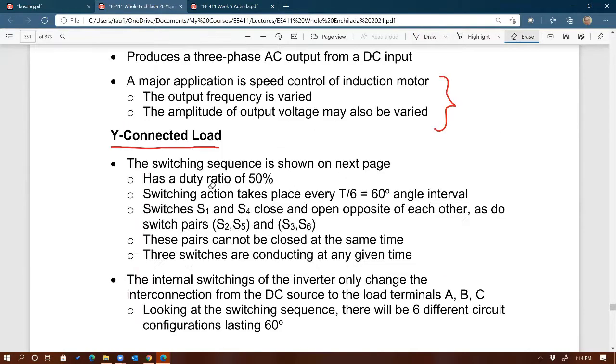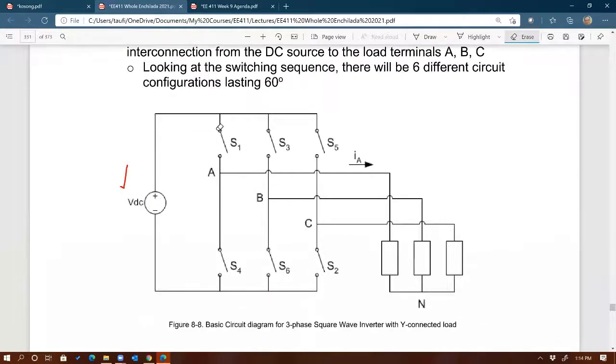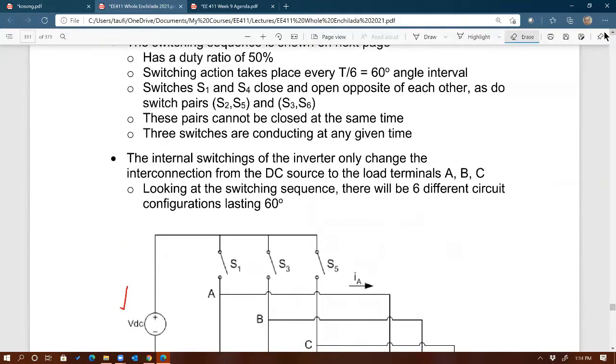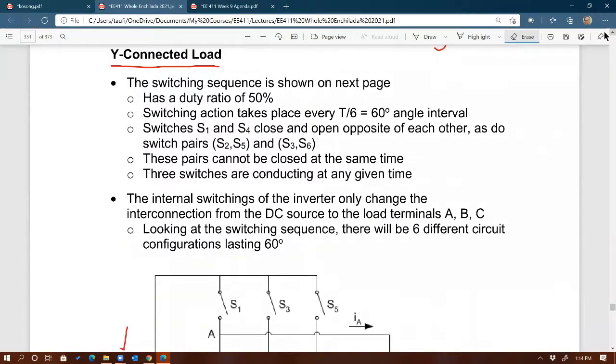All right. And the switching sequence for each switch, I have how many? 6, right? So you have 3 legs right there in the inverter for phase A, phase B, phase C. If you look at every single switch, the duty cycle is 50% for every single switch. And I'll show you the switching signals on the following page.